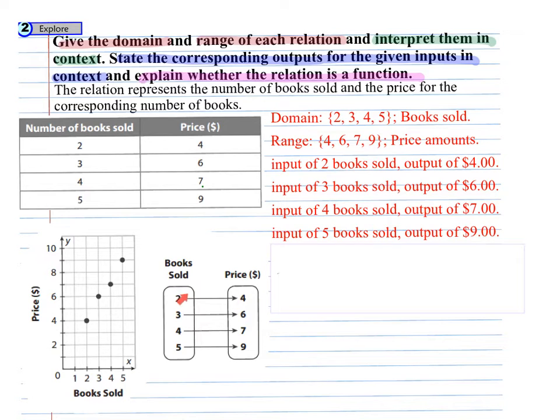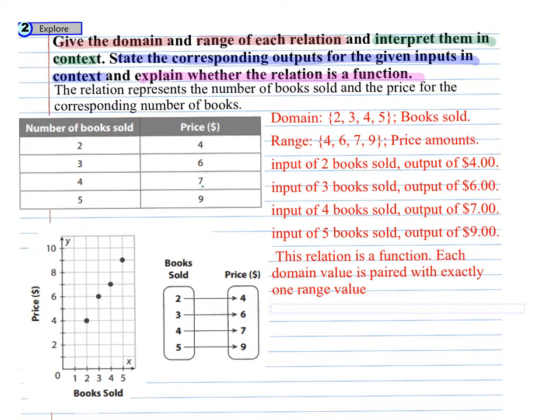So, since everything here has exactly one answer on the output, this relation is a function. Each domain value is paired with exactly one range value, so every number here has exactly one answer there.